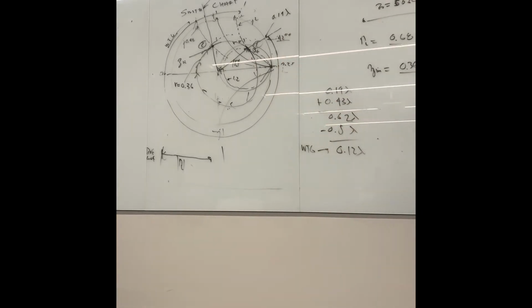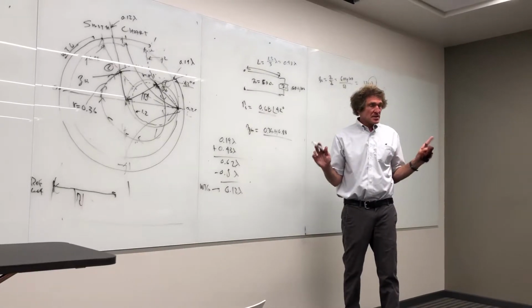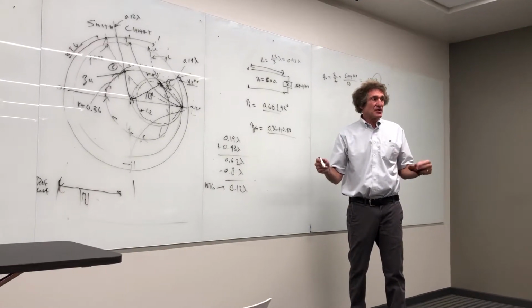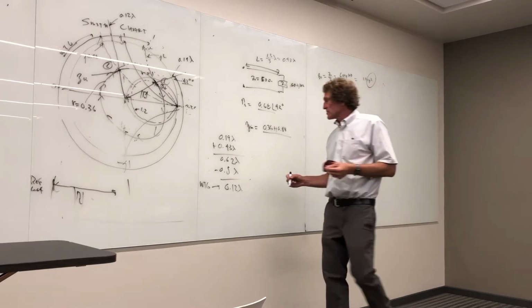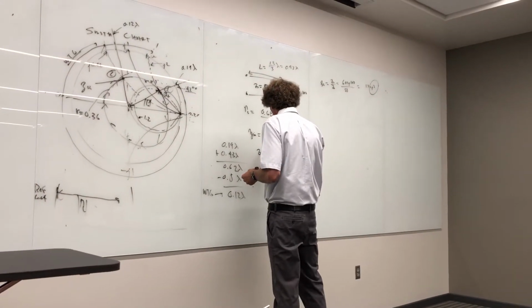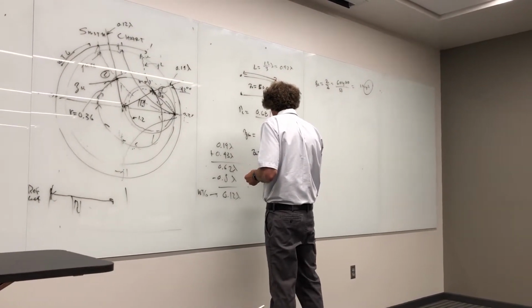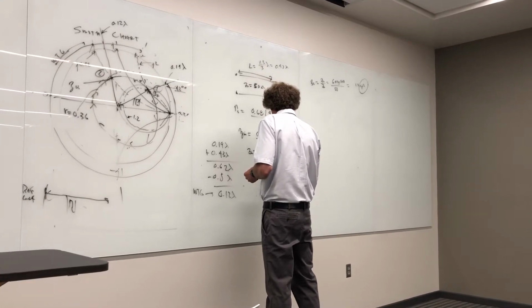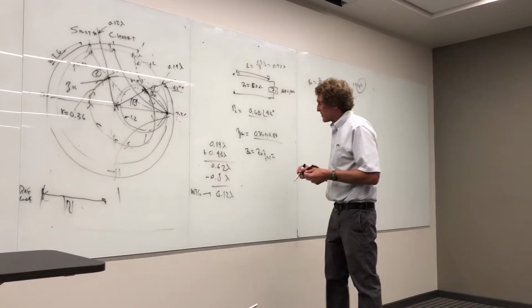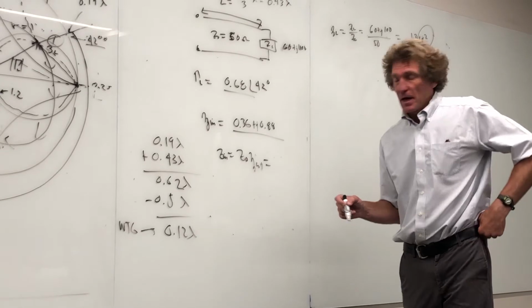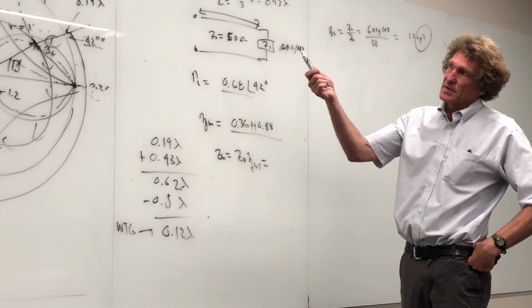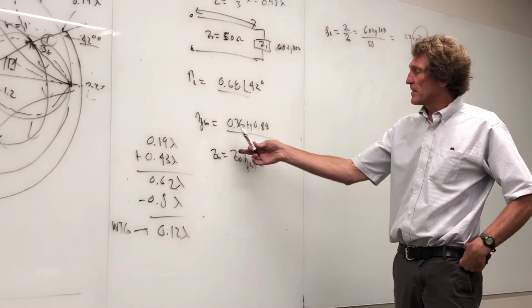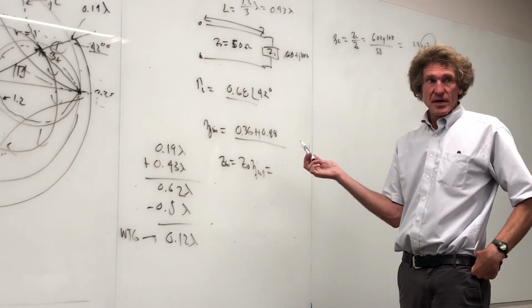Now that's Zn normalized, right? When I say normalized, it means it's the value divided by Z0. To get actual Zn, we simply take Z0 times small zn, right? And since Z0 is 50 ohms, if you take 50 times that, what do you get?